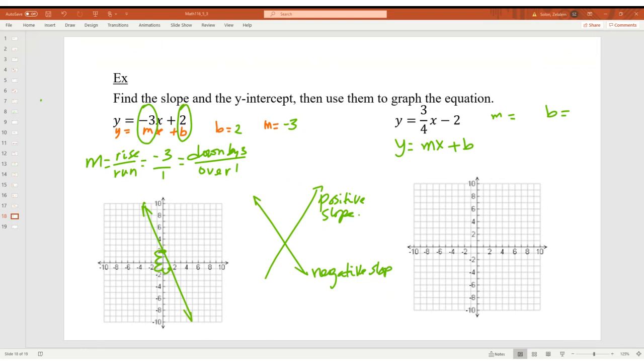Yeah, y equals 2x minus 3. The slope is negative 3. m is negative 3. That's not y, x and y. It's m and b, slope and y-intercept. Okay, now for the next one, find b, find m, start from b, then use m, and figure out the second point.